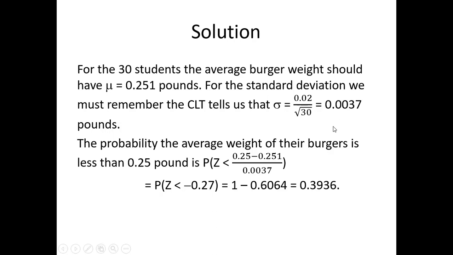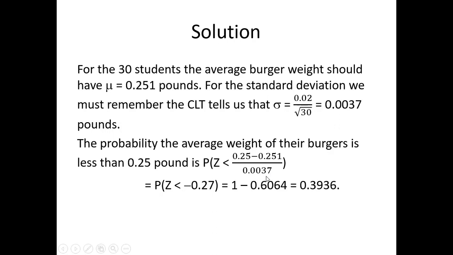We also know that the sample means will follow a normal distribution. So the probability the average weight of their burgers is less than 0.25 is given by the probability z is less than 0.25 minus 0.251 over 0.0037.